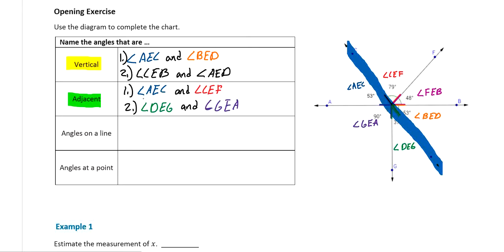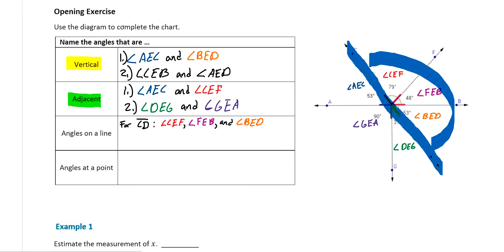We could say for CD, that symbol there means line CD, we could have angle CEF, angle FEB, and angle BED. Those three make up my line.